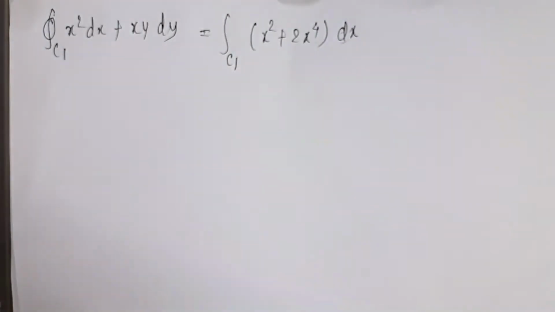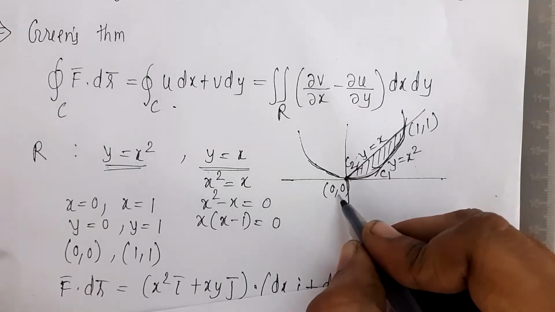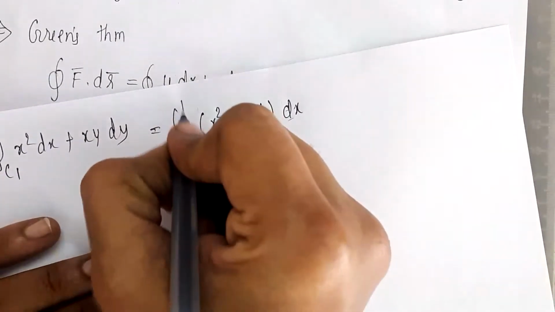Now if we observe carefully, the only remaining term is dx. Now observe this curve. What are the limits for x here? x starts from 0 and ends at 1. So the limit for x is 0 to 1.